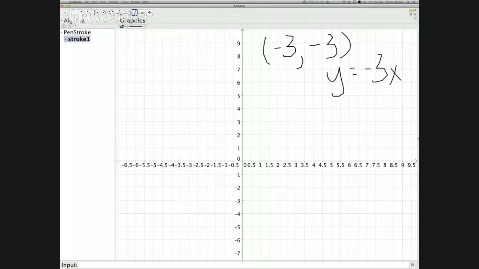First thing I'm going to do is make that line. -3x, that's +0, so my y-intercept is 0. Okay? And then my slope is down 3 over 1, because that's -3. Down 1, 2, 3 over 1. Be careful of scale here. My x's count by 0.5. So here's that line.